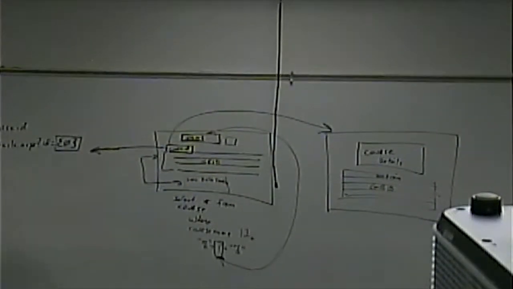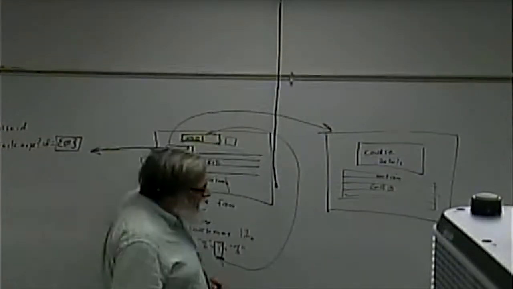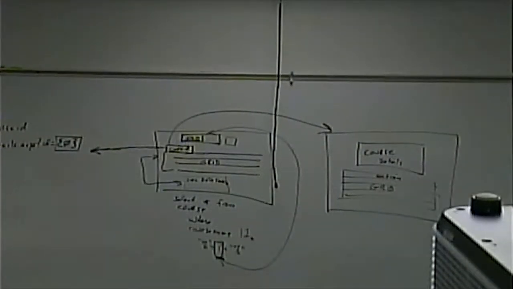Now, we're going to pass the ID from the database because that's how you uniquely identify something in a relational database, with the primary key, right? That's how you uniquely identify something. I can't pass the number of credit hours, right? Because a bunch of courses have 3 credit hours.